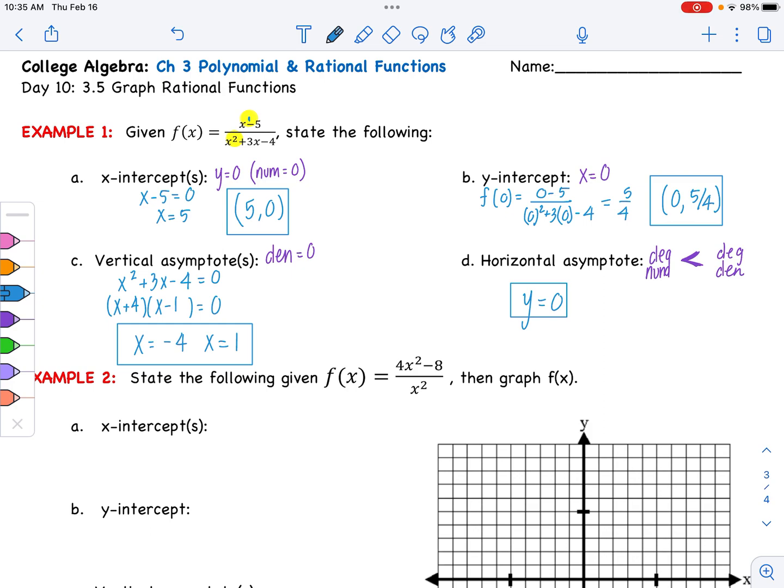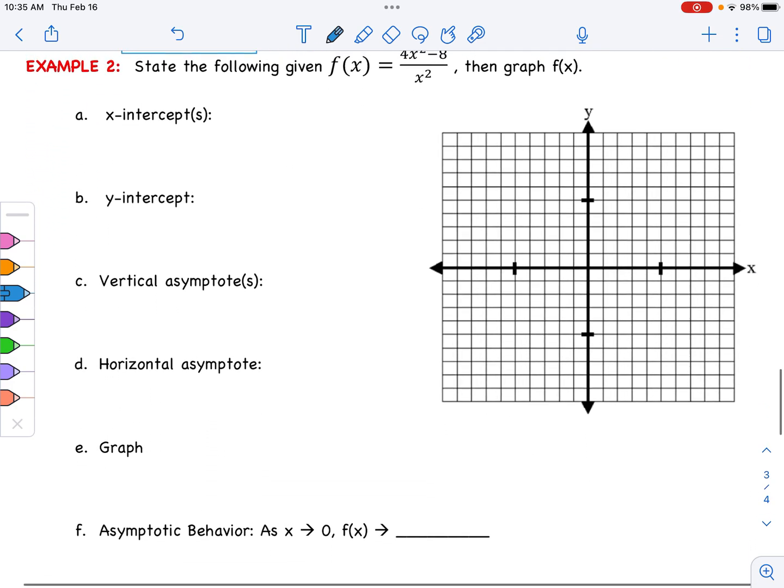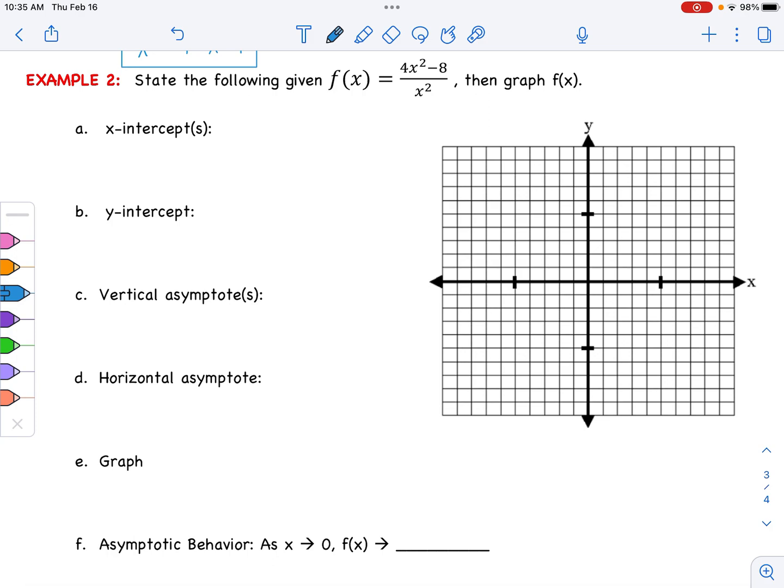Okay, that's example 1. Example 2, we're going to do the exact same thing, and then we're going to graph. So with example 2, I'm going to go through the algebra steps. So first thing, if you're doing x-intercept, y equals 0. In other terms, the numerator equals 0. Y-intercept has x equal to 0.